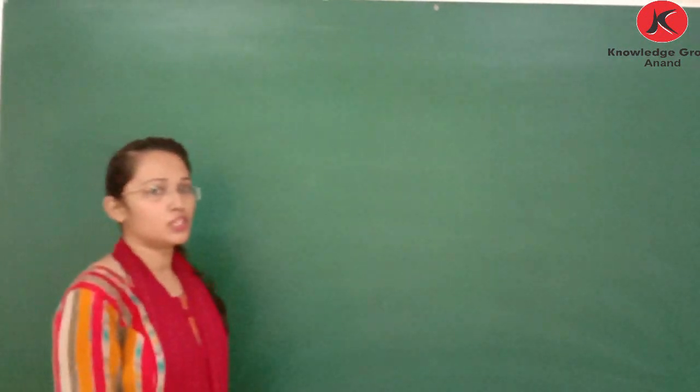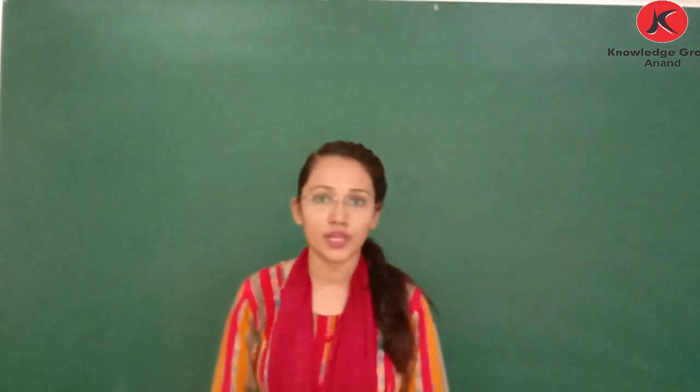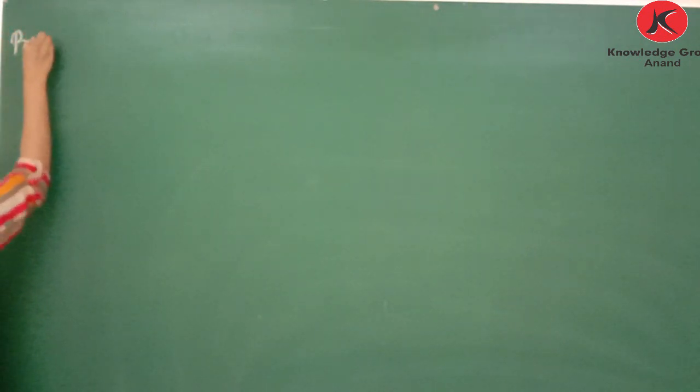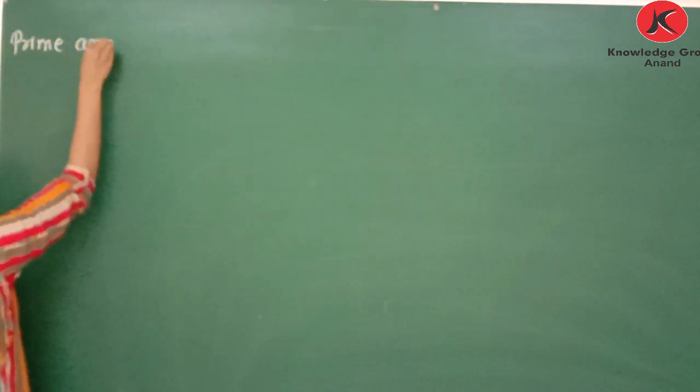After divisibility rules, what do we learn? We learn prime and composite. So what are prime and composite numbers?